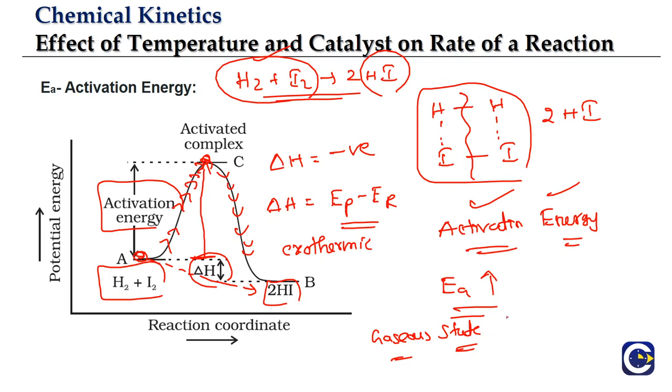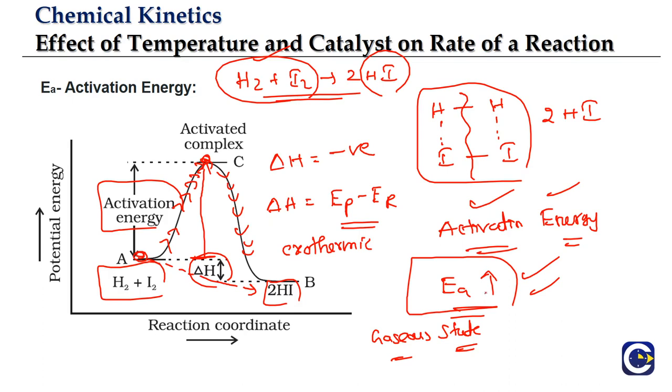No two molecules may have the same velocities and same energies, and it will be continuously changing. So we look at how the energy profile of the reactant particles is distributed, and we want to know what fraction of particles are having energy more than activation energy, because only that fraction of particles can lead to product formation.